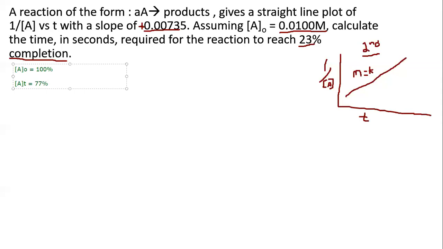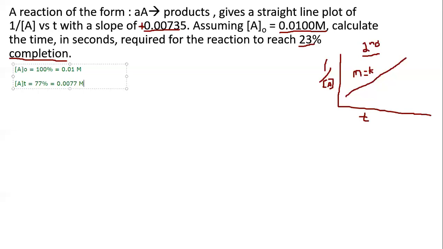But for second order reaction and zero order reaction, we can't use percents. We actually have to use concentrations. So 100% is 0.01 molar, which is given to us in the problem, and 77% is whatever 77% of 0.01 is. And we get 0.0077. So for zero and second order, you can't use the percents.